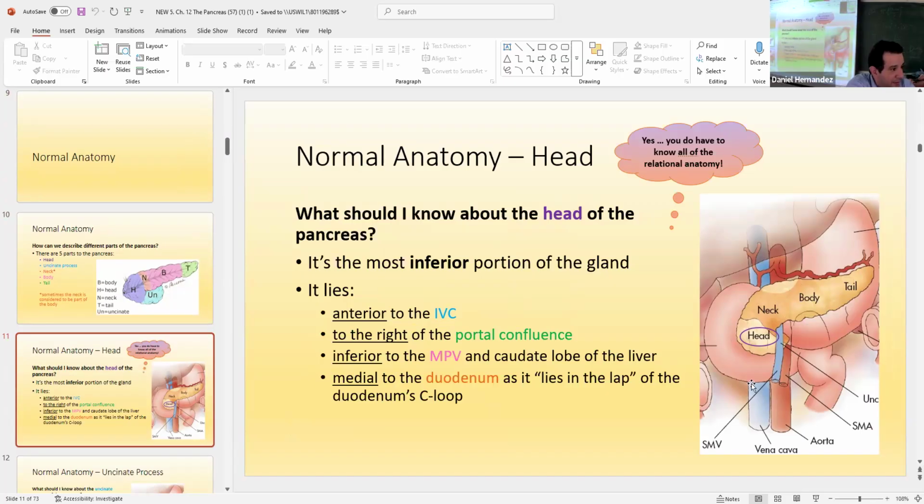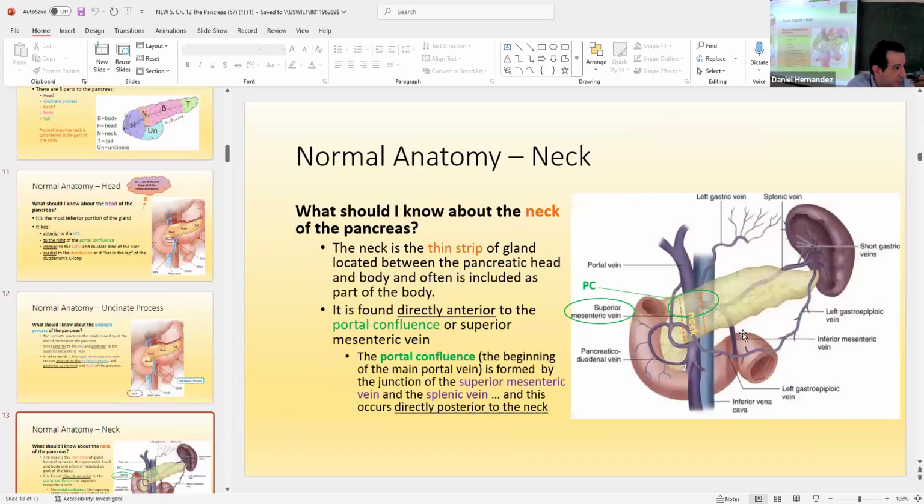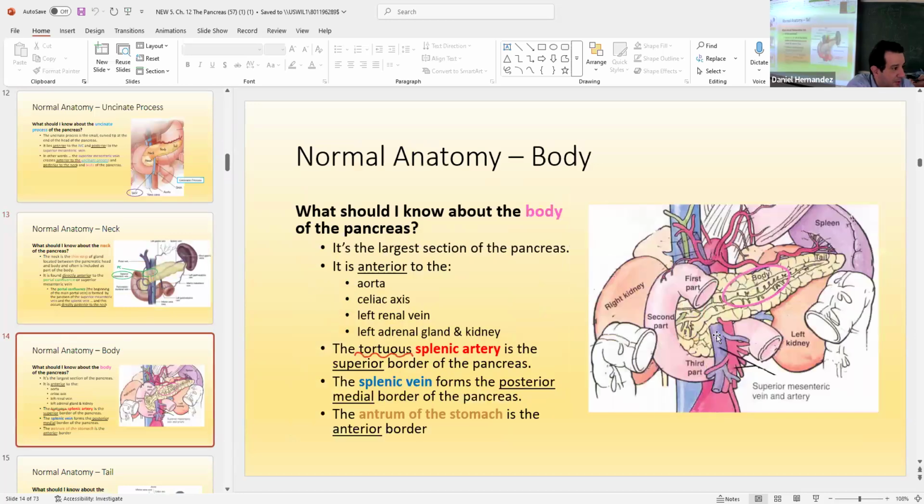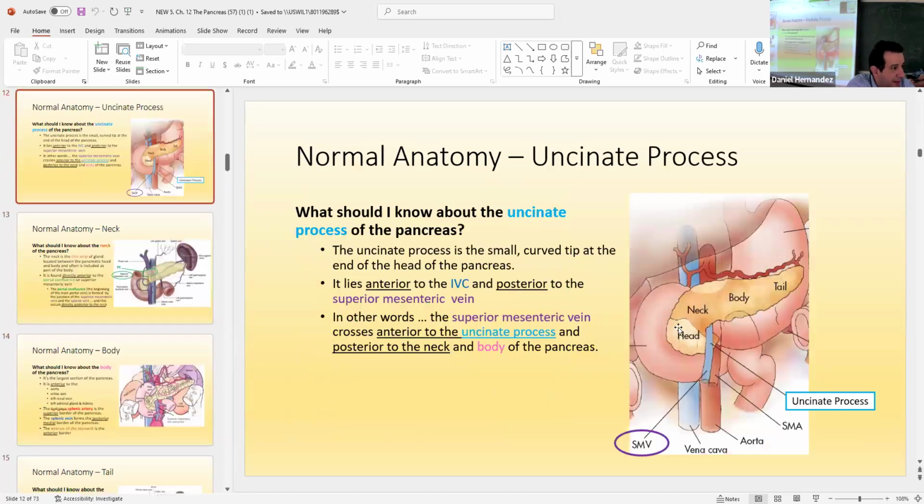Get comfortable knowing that the head is anterior to the IVC, to the right of the portal confluence. So visualize that when you're thinking about it sonographically and you've got your picture sonographically, the head is to the right of that portal confluence.